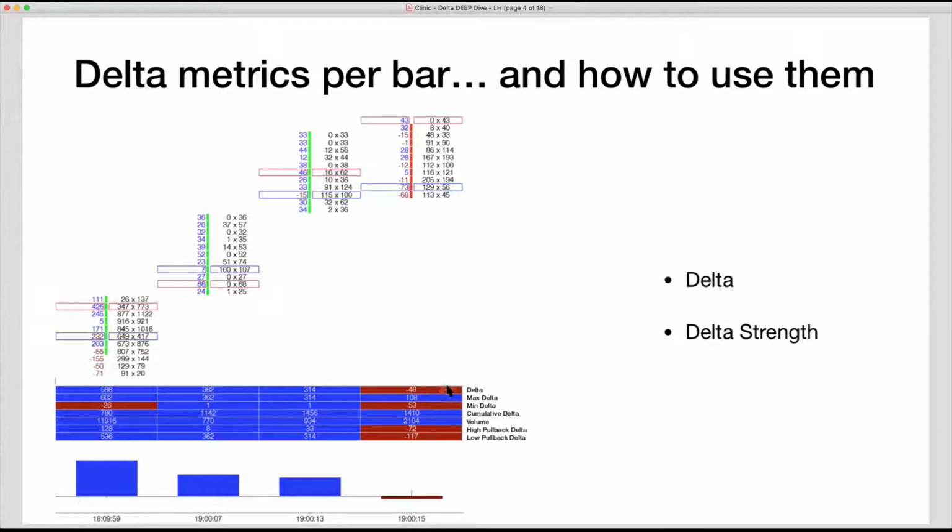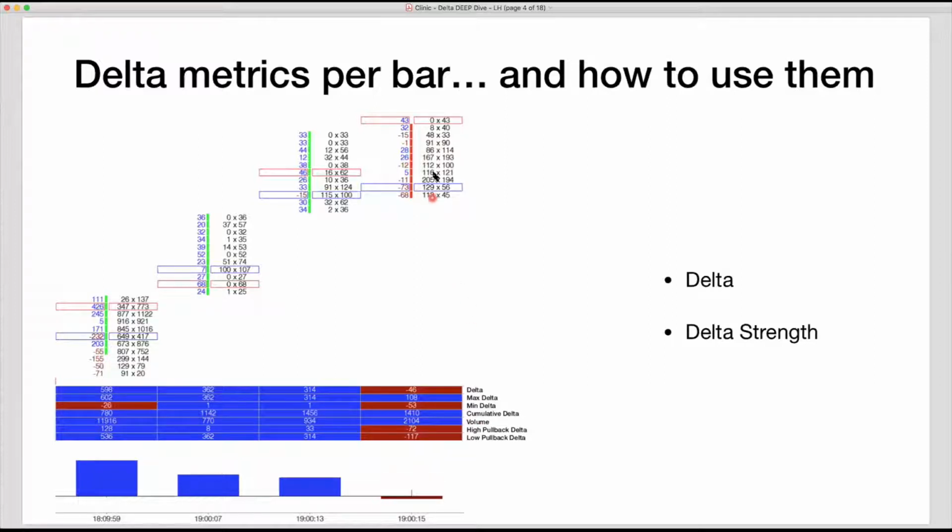The delta when the candle closed, I'm using a range bar here, so we are always going to make a new candlestick based upon getting to the extreme of the range. But when the bar closed, the closing delta was 46. So if we visualize this candlestick, when we started out with our technical analysis and reading candlestick charts, we knew that a candle that closes near its extreme is strong.